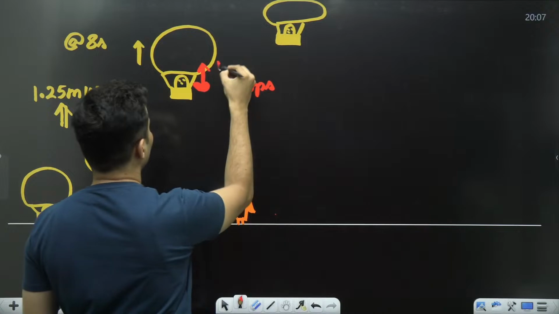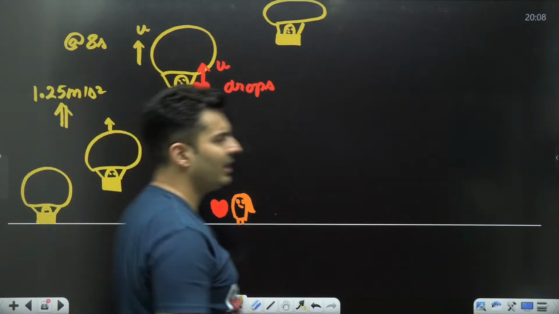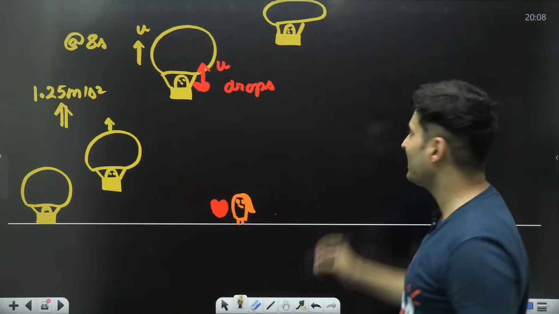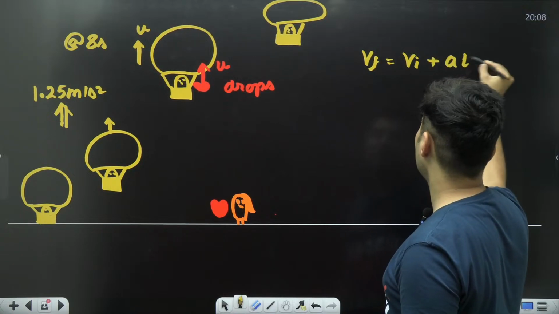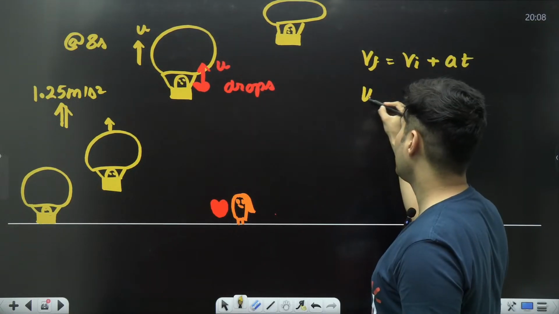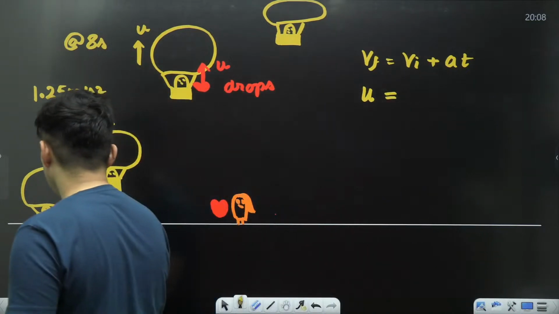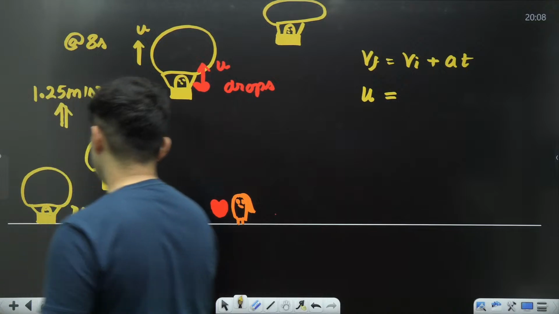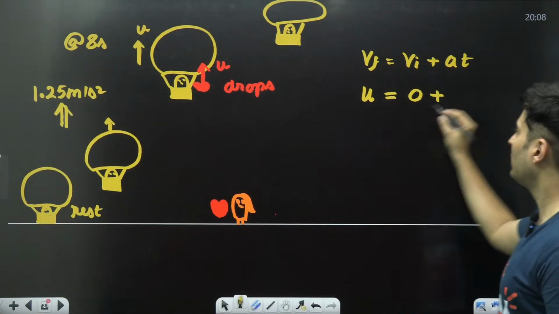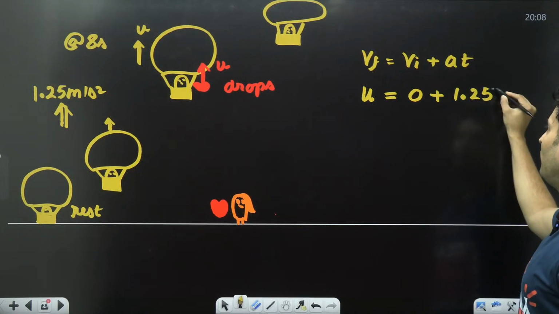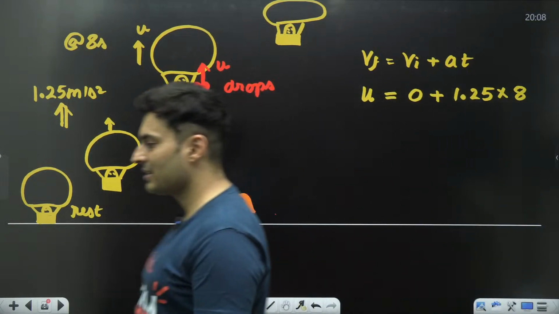If I call that velocity u, we can easily find that out using v is u plus at: final velocity is initial velocity plus acceleration into time. Final velocity is u. Initial velocity, this Pandu started from rest, so it is 0. Acceleration is 1.25 multiplied by the time, which is 8 seconds.